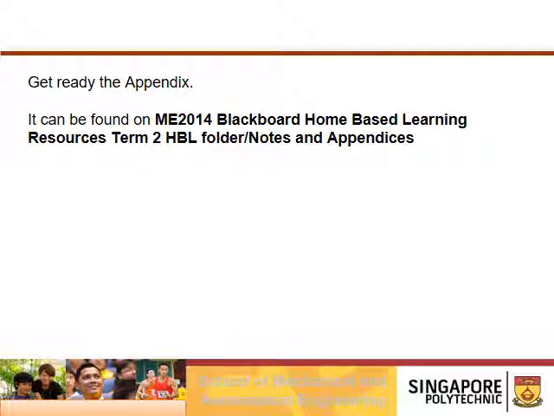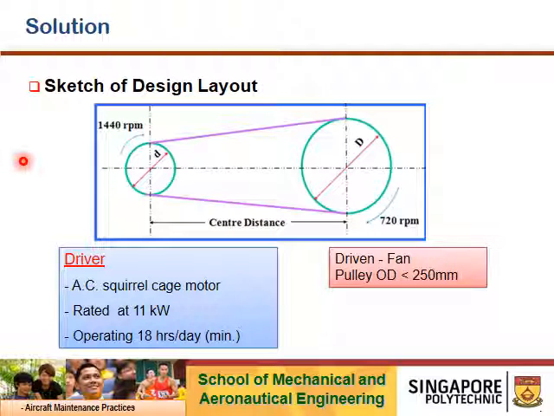Okay, so let's move on to this problem. This is the design layout where you have a driver, an AC squirrel cage motor, driving a pulley of unknown pitch diameter. The rated power is 11 kilowatts and it is required to operate 18 hours a day minimum.